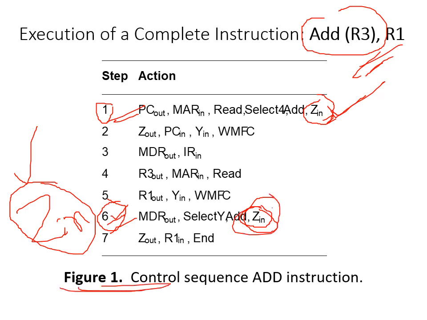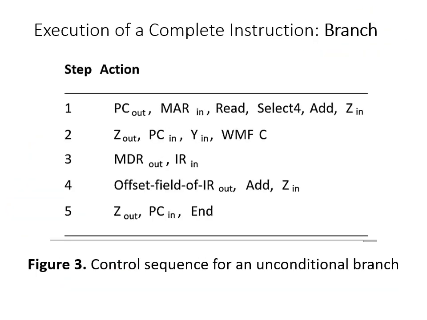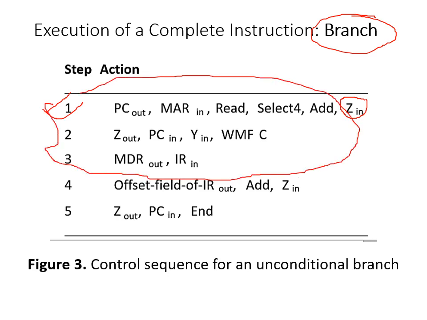Now I will go to one more instruction. Here there is one more instruction called the branch instruction. We are familiar with this instruction because we have executed it in the previous part, in the first video of the module. I told you, irrespective of any instruction, Zin must be executed at the first clock cycle, because in order to fetch that instruction, Zin must be executed.